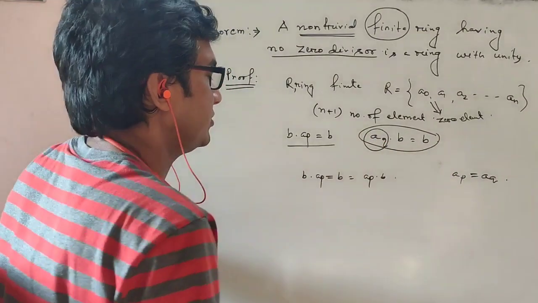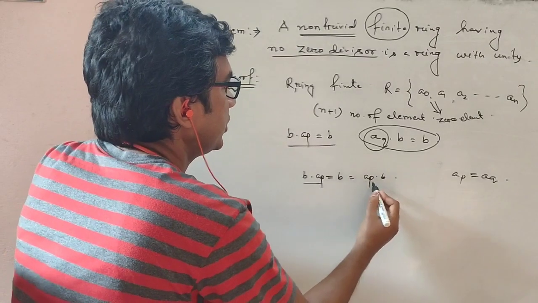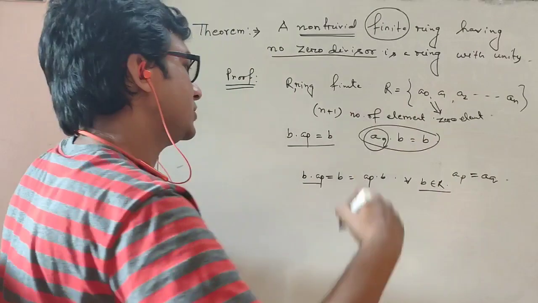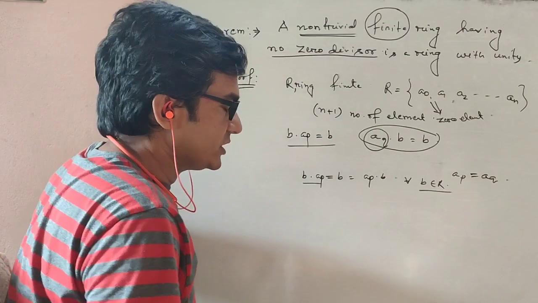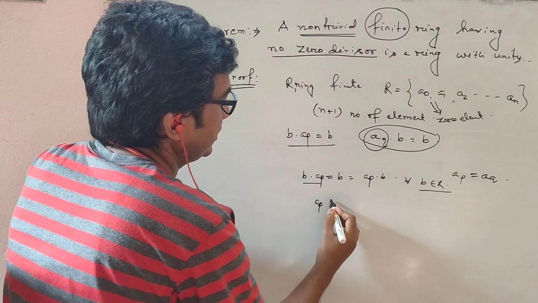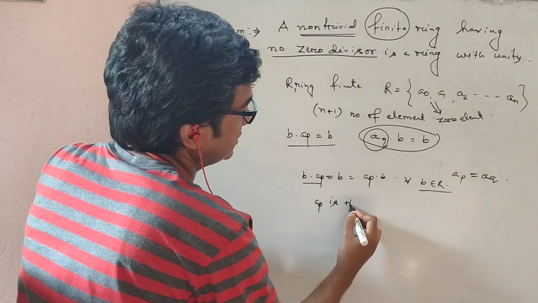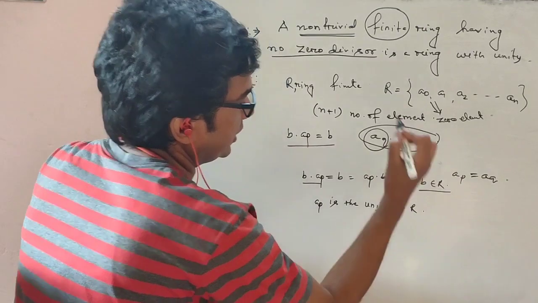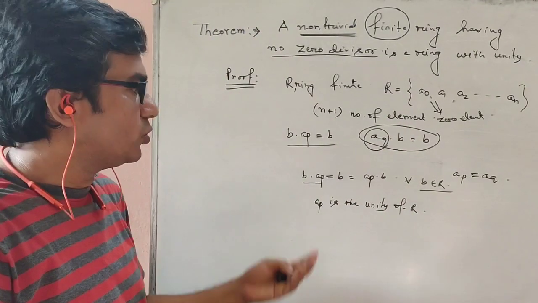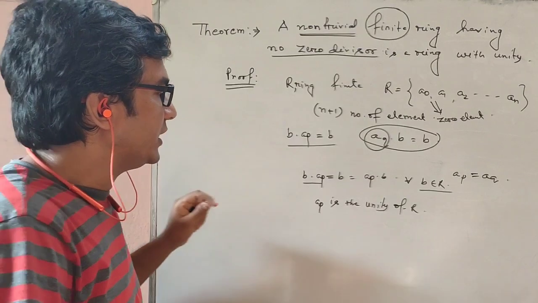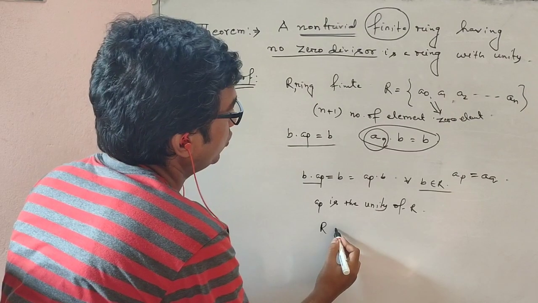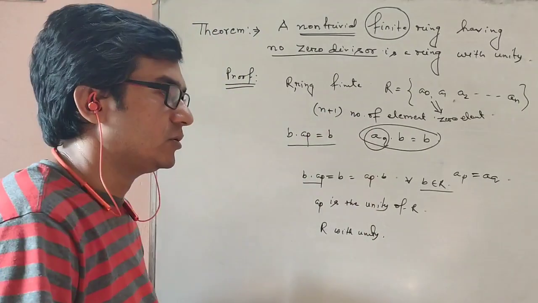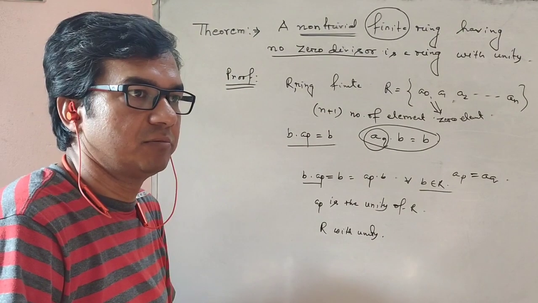So here we put AP, and from these two relations, for all B belonging to R, we say that AP is the unity of R. So we can say that the ring R is a ring with unity. Okay, this is the proof of this theorem.